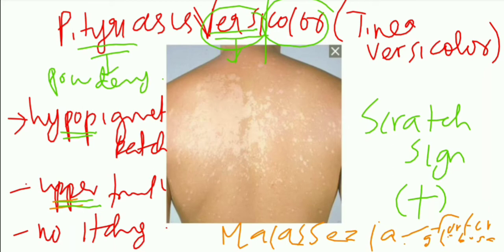Lipophilic means it loves lipid areas, that means the seborrheic areas, where it is more oily and there is more sebum production. The upper trunk also sweats very easily. That's why this region is the most common site for pityriasis versicolor.